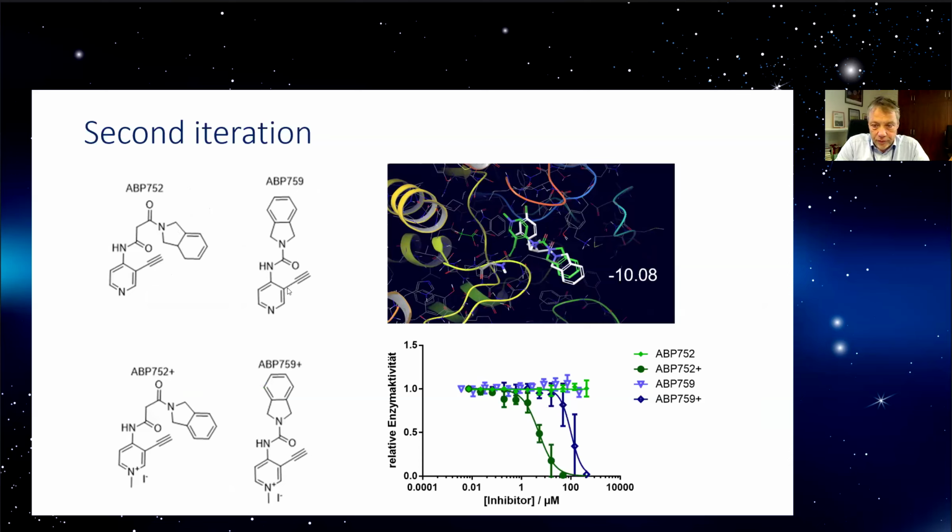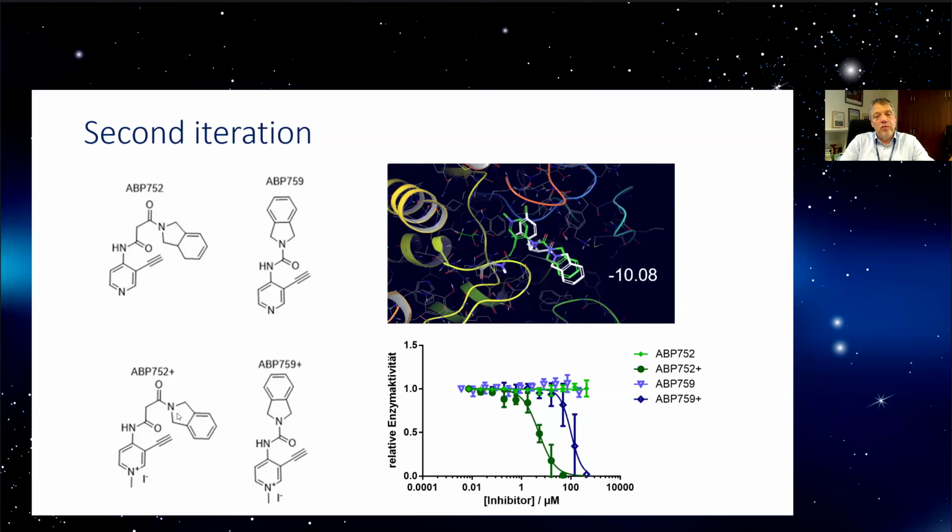And fortunately enough, we found that these two compounds, ABP 752 plus, and also the other one with an even shorter linker, ABP 759 plus, showed binding to the HDAC8 site we targeted.